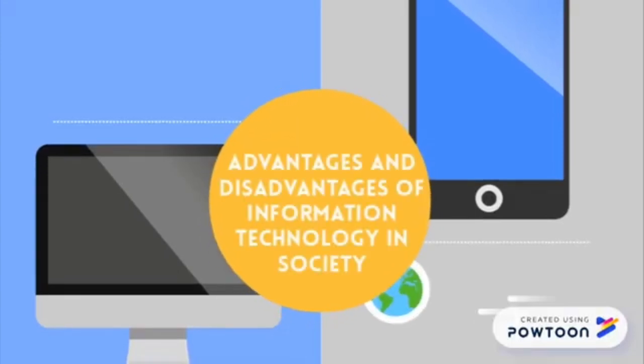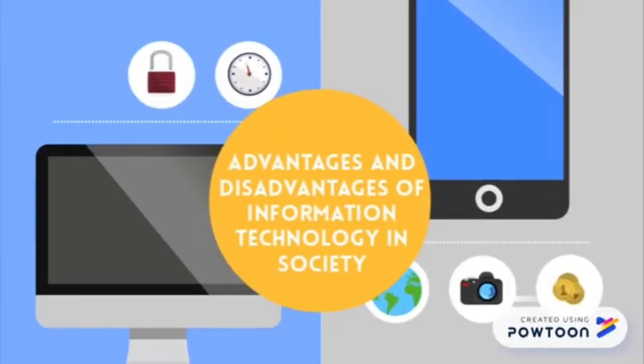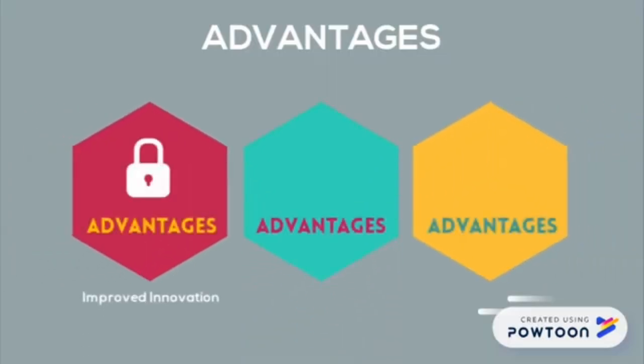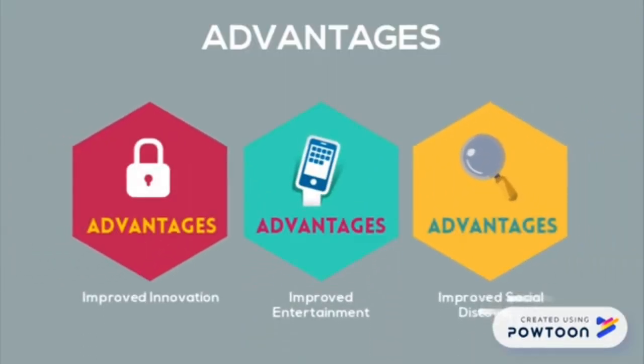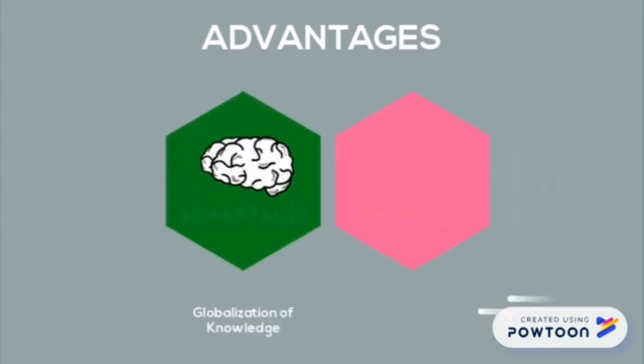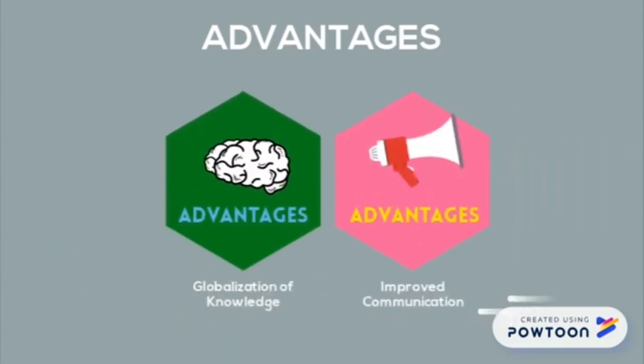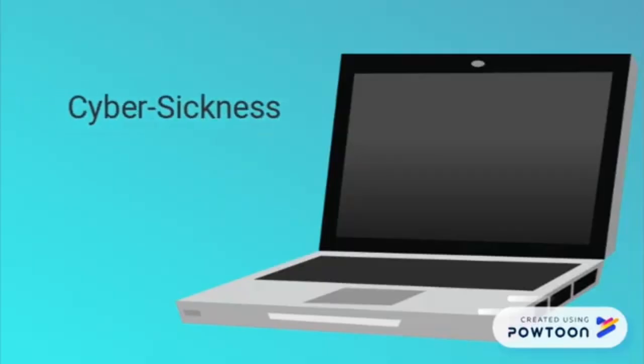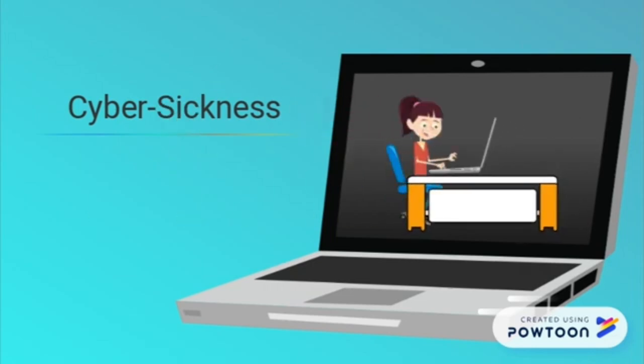Advantages and disadvantages of information technology in society. Advantages: improved innovation, improved entertainment, improved social discovery, globalization of knowledge, and improved communication. Disadvantages: with the increased addiction to social networks and internet games, people are spending more time on computers and reject their normal offline life, resulting in increased isolation and social imbalance.